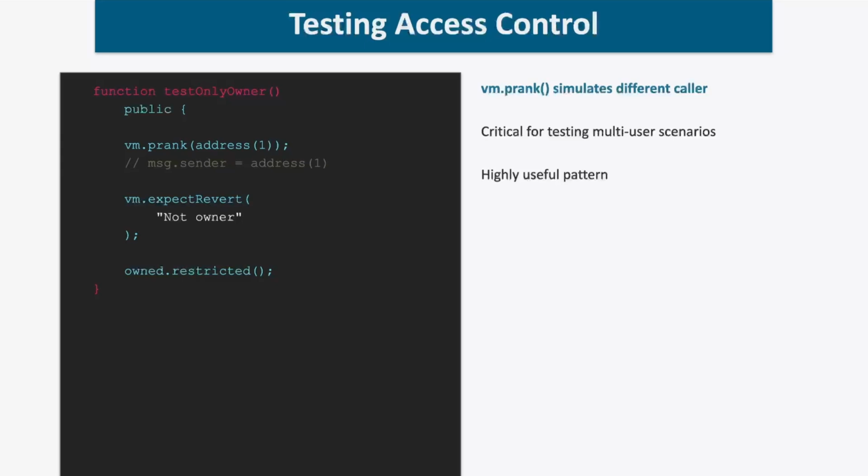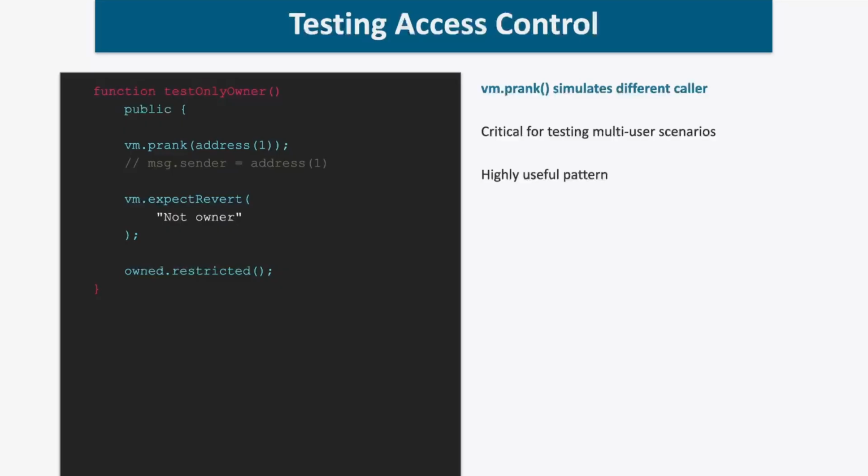In your test contract, msg.sender is always the test contract itself. How do you simulate a different user? The solution is to use vm.prank. The vm.prank(address1) tells Foundry that the next call is going to be from address 1 and not from address this, the calling contract.